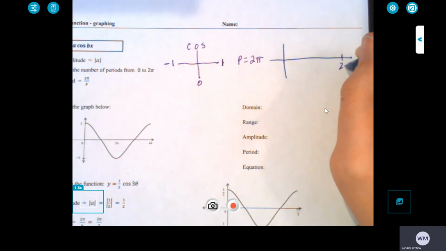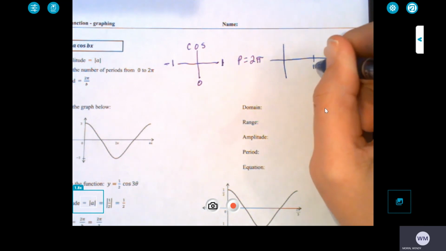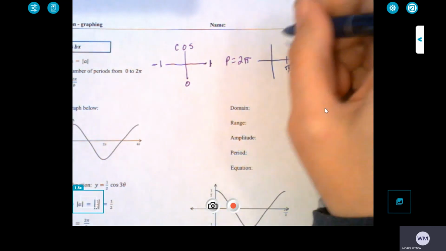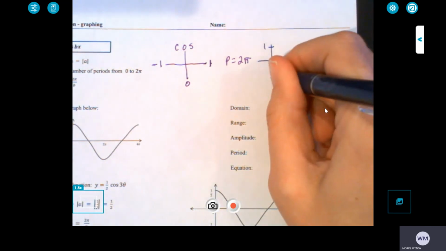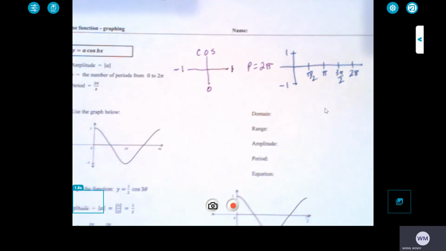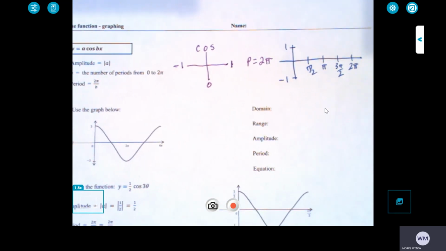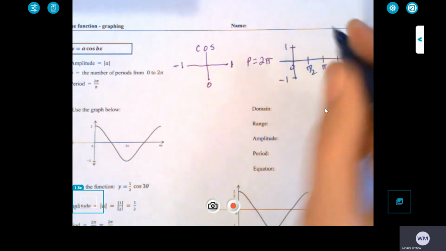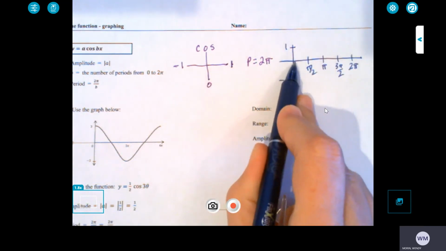So we still have 0 to 2 pi. We still have our pi, pi over 2, and 3 pi over 2 as our standard x values. We still have a y value of 1 and -1. But instead of starting at the midline, the cosine of 0 is not 0.